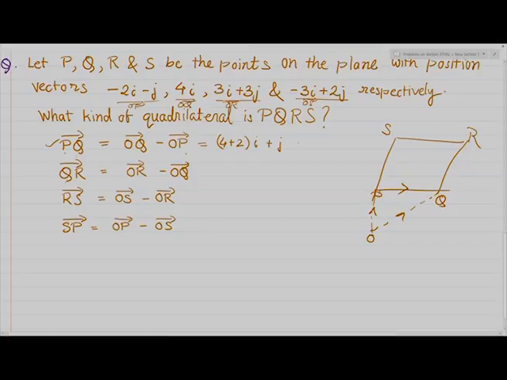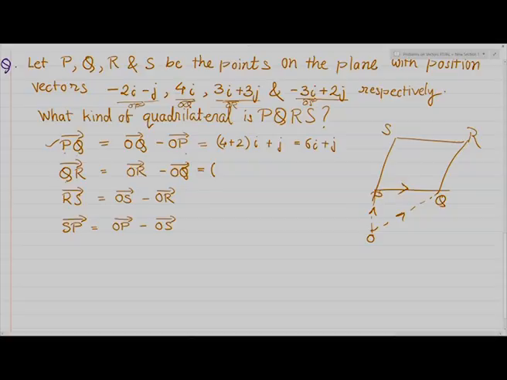So this will be 6i plus j, okay. Then what should be QR bar? Very easy, you can try. OR is 3i plus 3j and 4i, so only the addition is there in the ith component.